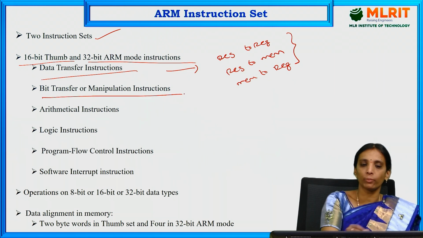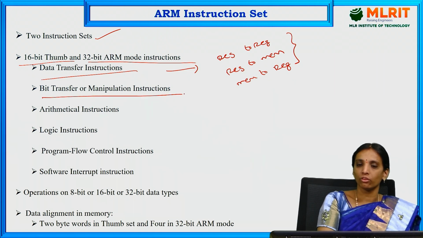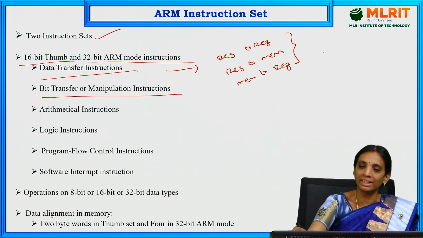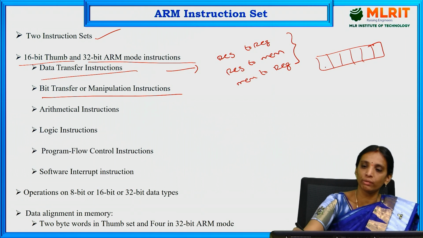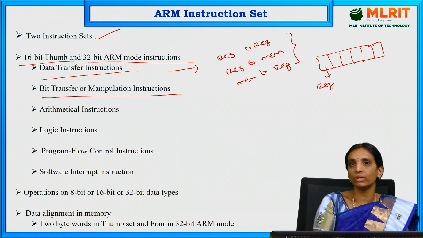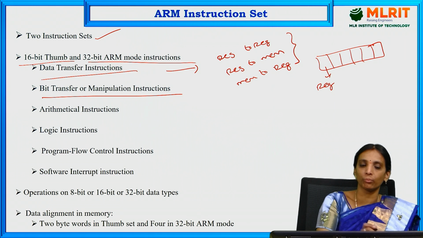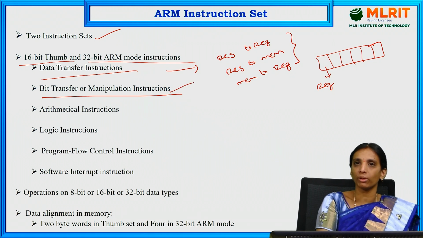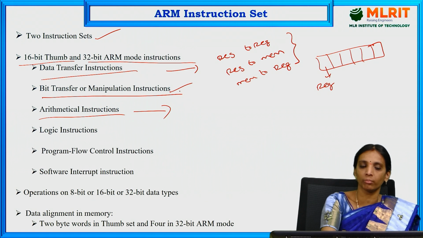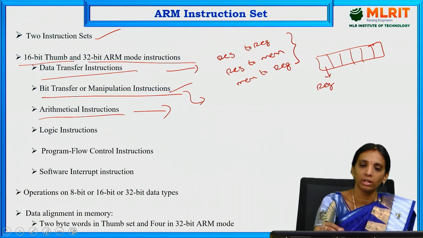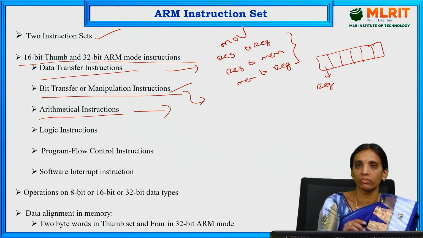Next, bit transfer or manipulation instructions. These are instructions in which, in any register, we can manipulate individual bits of the register. So individual bit manipulations are possible with the bit manipulation instructions. For data transfer, move is an example.